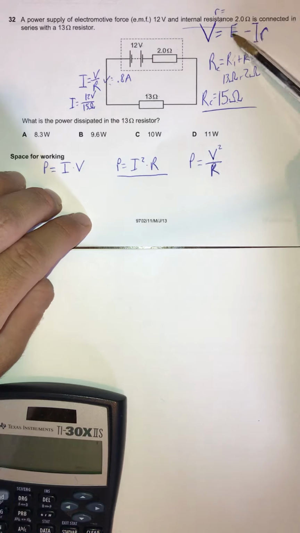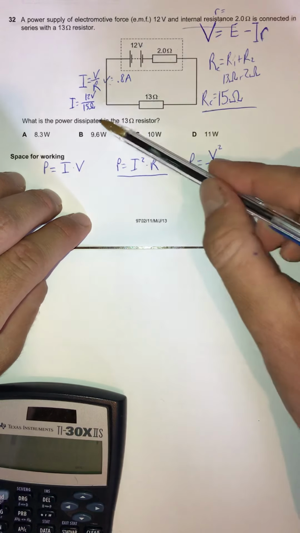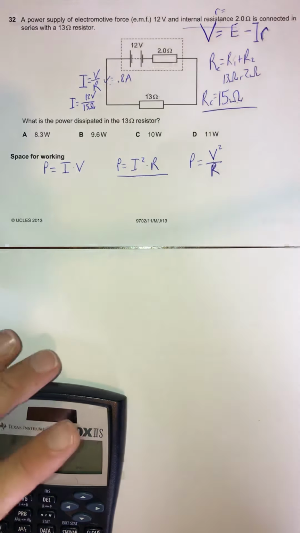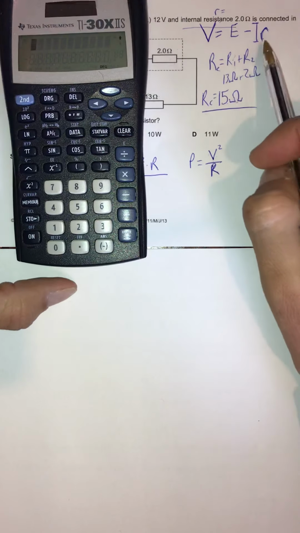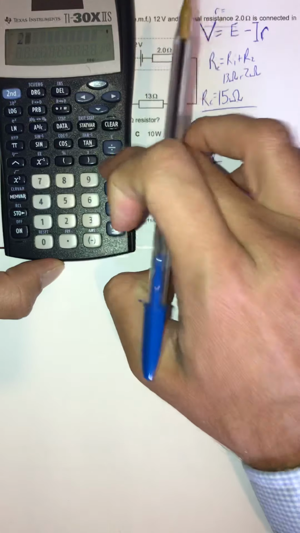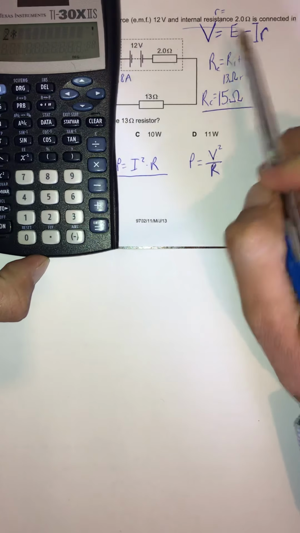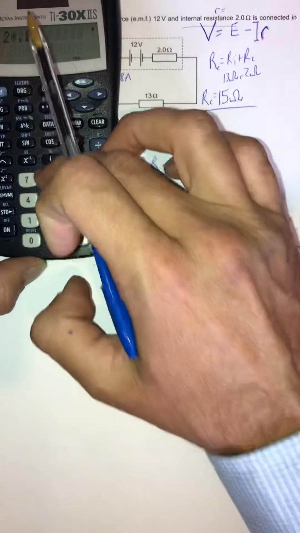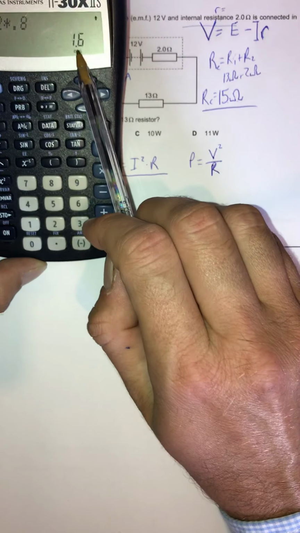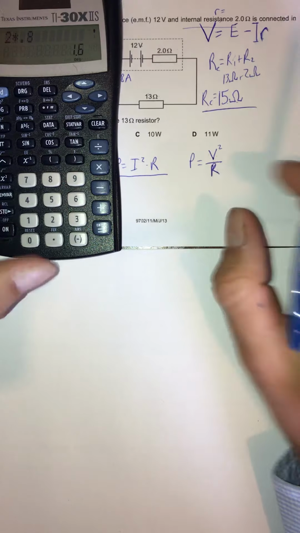And so not all 12 volts is going to be available to this 13 ohm resistor, right? So let's just see it all in the calculator here. We know the internal resistance is 2, and we've already calculated the current being drawn from this circuit is 0.8. So 2 times 0.8 gives us our 1.6 volts of lost volts.